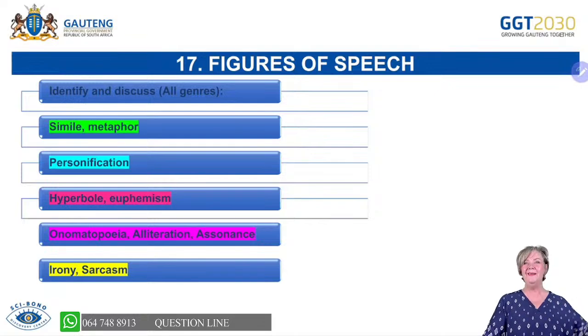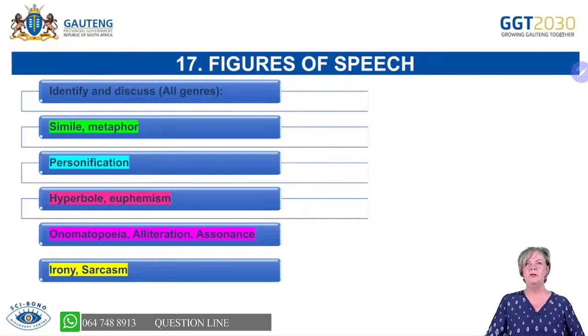Hyperbole, hyper, that is when you exaggerate. And then a euphemism is when something is said a little more softly, a little more manageable. Onomatopoeia, that is the sound effects. Alliteration, the repetition of consonant sounds.